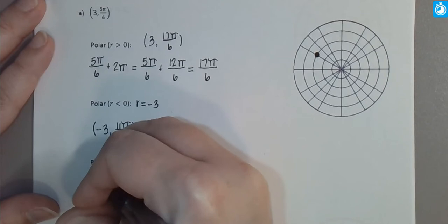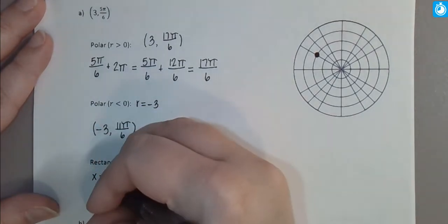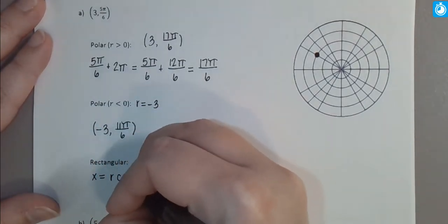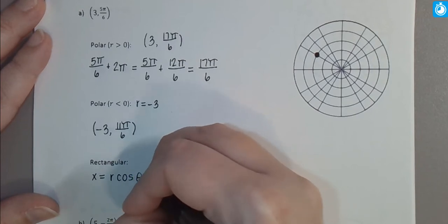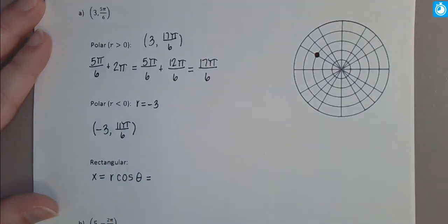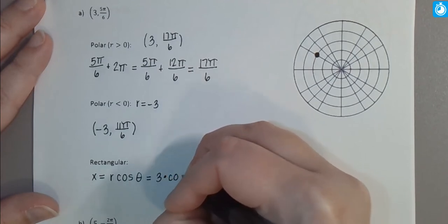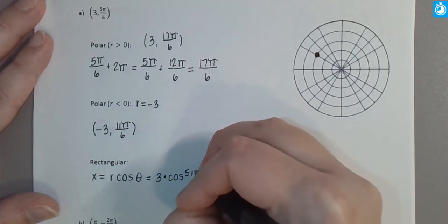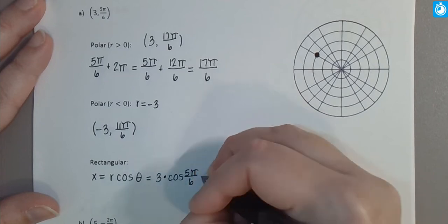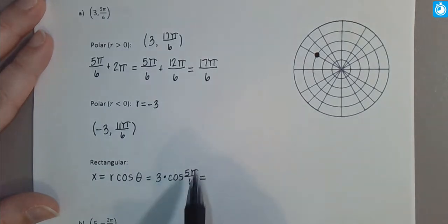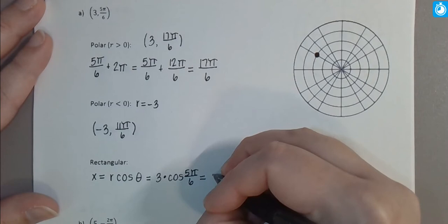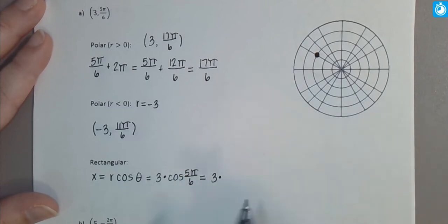So our x coordinate is always going to be defined as r times the cosine of theta, and we talked about y a moment ago. So in this case, r is going to be 3, and then theta is 5 pi over 6. So we're taking the cosine of 5 pi over 6. And of course, we get that value from the unit circle. So that's going to be 3 times the cosine of 5 pi over 6.